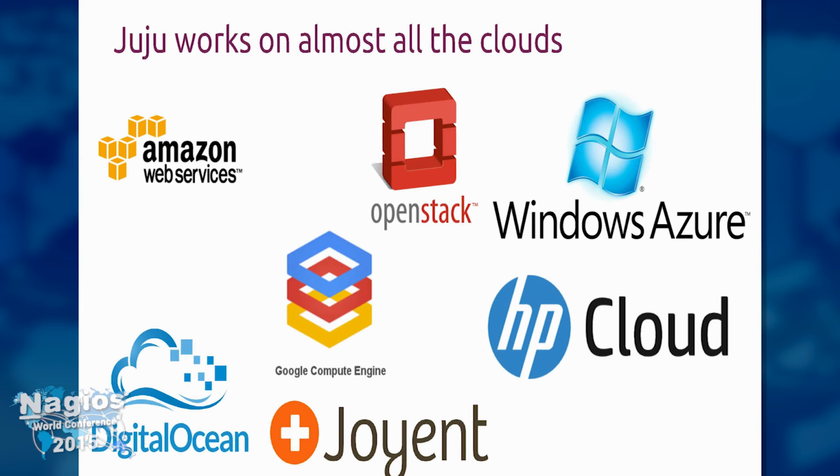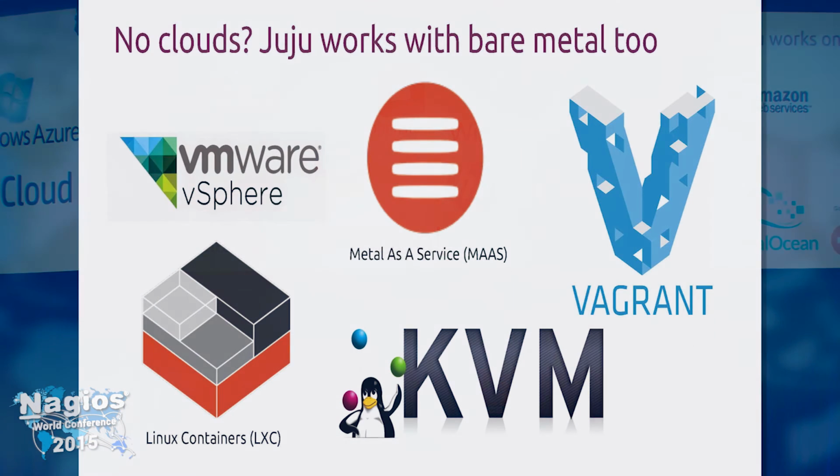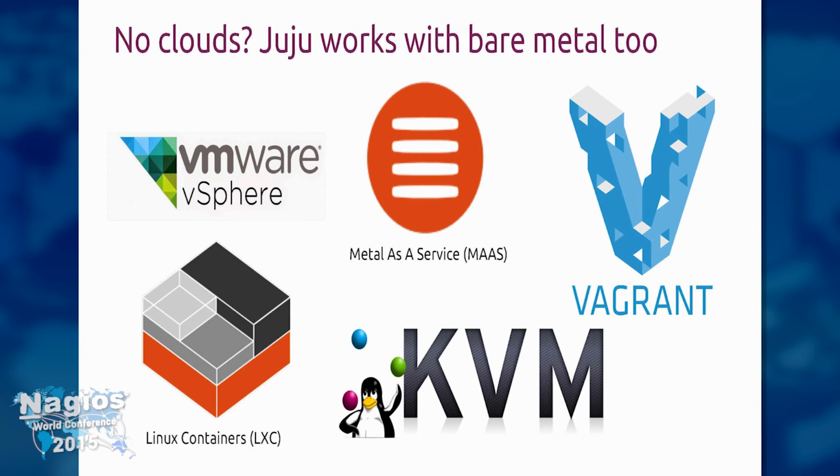It's kind of funny, we have OpenStack charms as well, so you can deploy OpenStack on OpenStack, a little bit of inception there. There's also Windows Azure, and HP Cloud is an OpenStack provider, so that works very well, but any OpenStack will work. DigitalOcean has very fast, cheap instances, and there's Joyent. So we're giving you the flexibility. You can use the clouds you want to or that you need to.